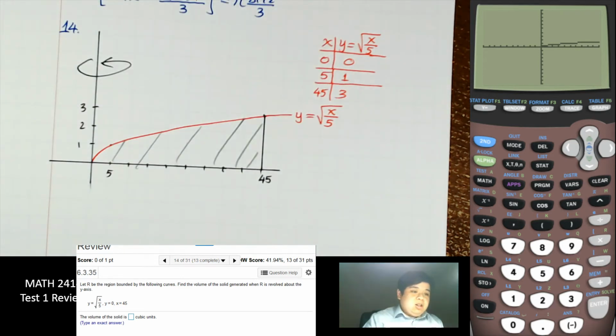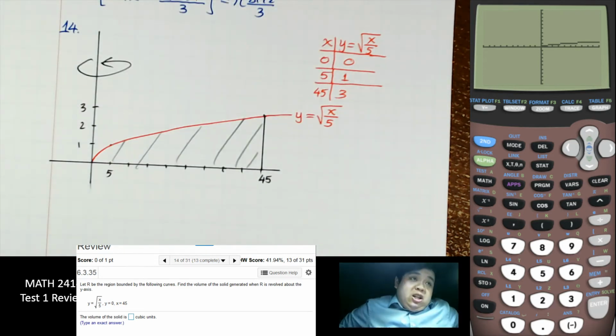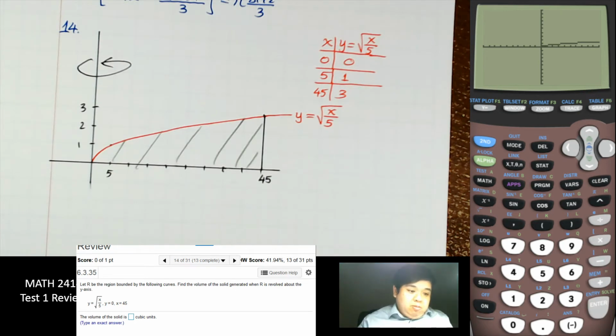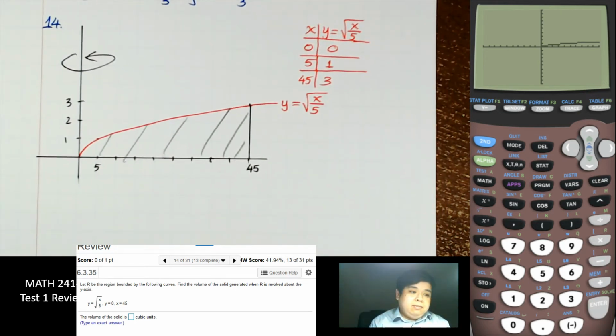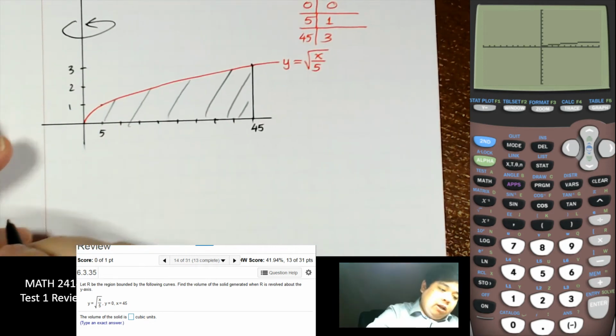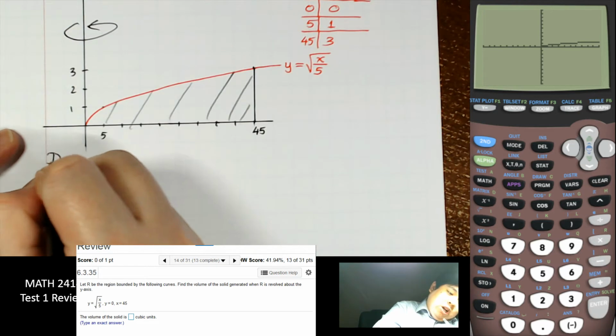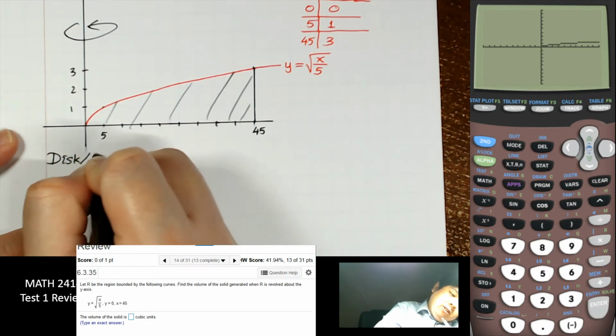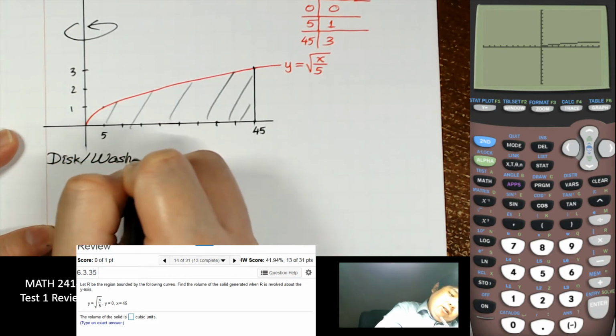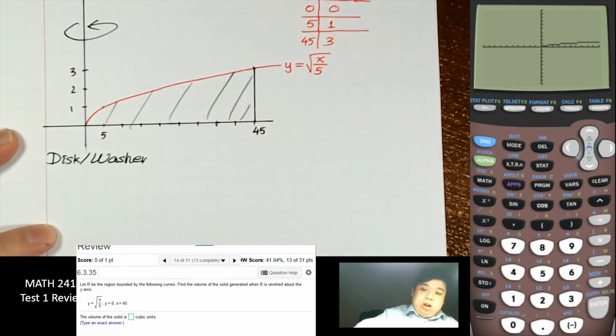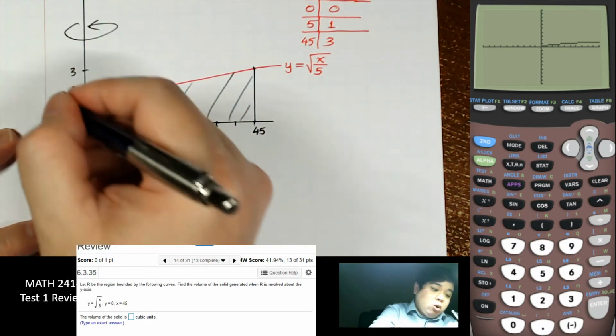So this problem did not tell us if we have to use the shell or the disk or washer method. So I'm going to do both. So let's use the disk and washer method. This is the axis of rotation. So this is a washer method.